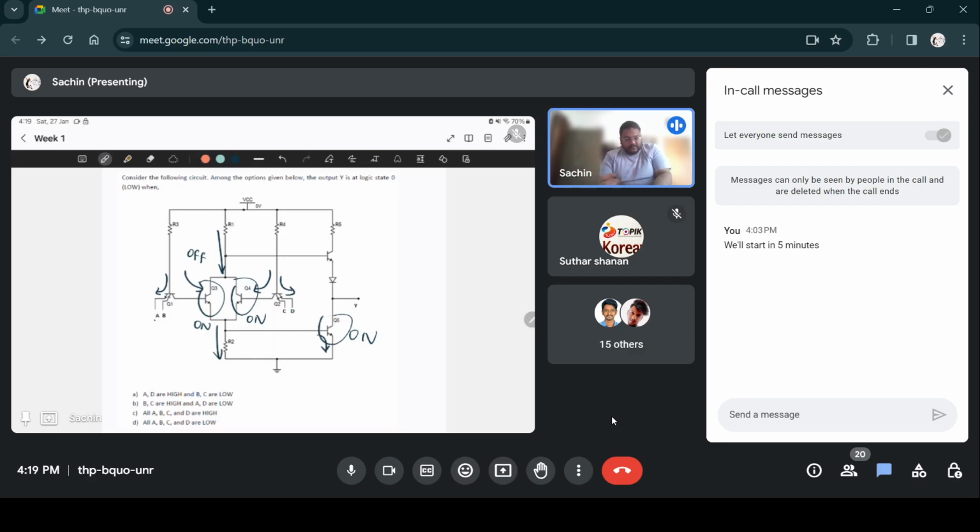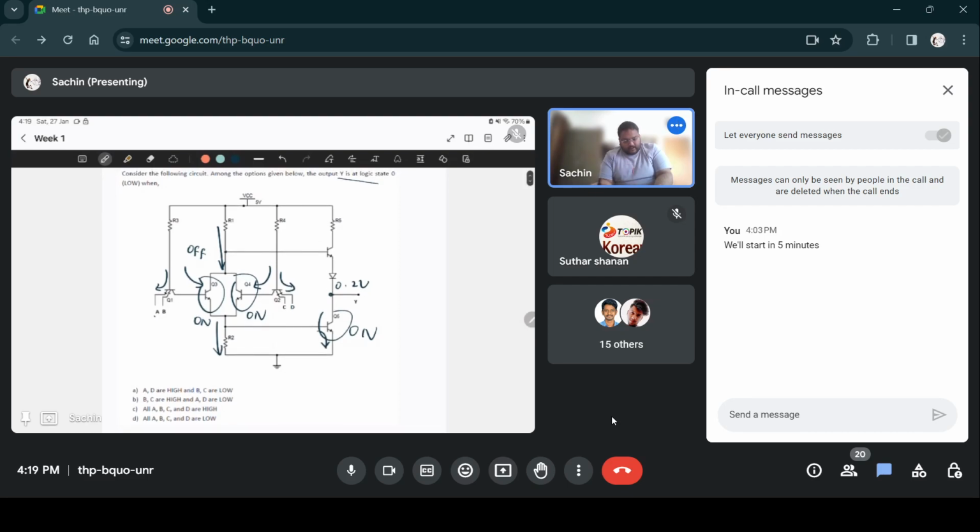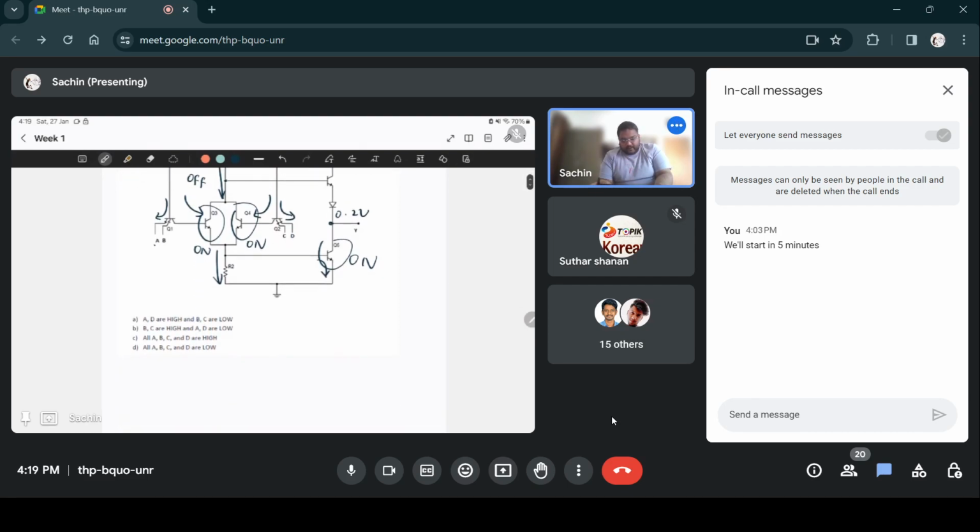When Q6 is on, it's in saturation, so Y will be at something like 0.2 volts, and that will be considered output low. So that's what they had asked: why is it logic low state when all A, B, C, and D are high, which is option C.